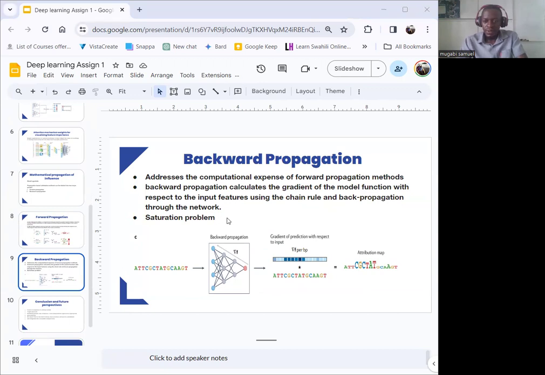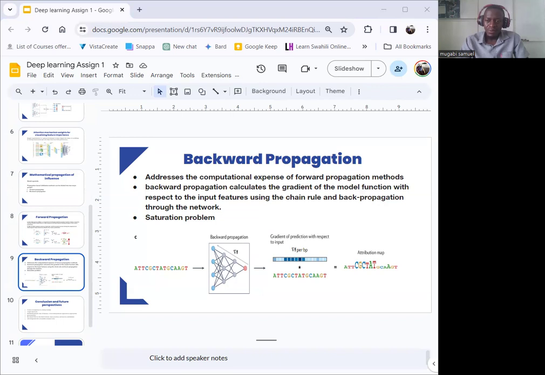Now, backward propagation, on the contrary, is not like forward propagation, whereby you're giving it input and then you're altering. Backward propagation addresses the computation problem which forward propagation had.